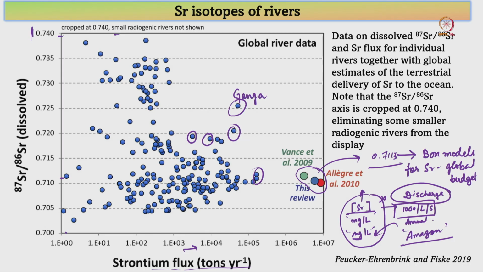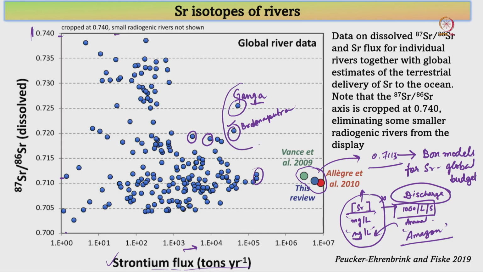Okay. This river has high strontium flux as well as a high radiogenic signature, and not only Ganga, the Brahmaputra river as well has a significantly high radiogenic signature, and of course, it is one of the large rivers as well. So, it has high strontium flux as well.